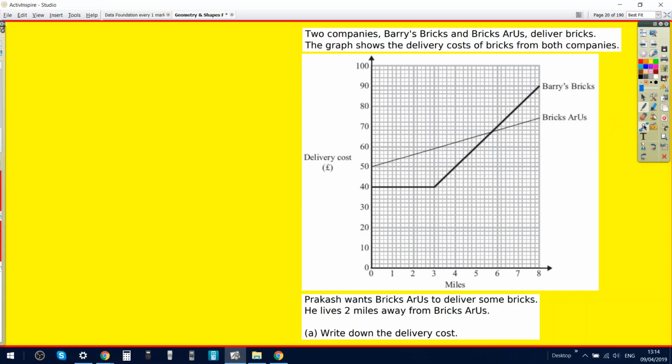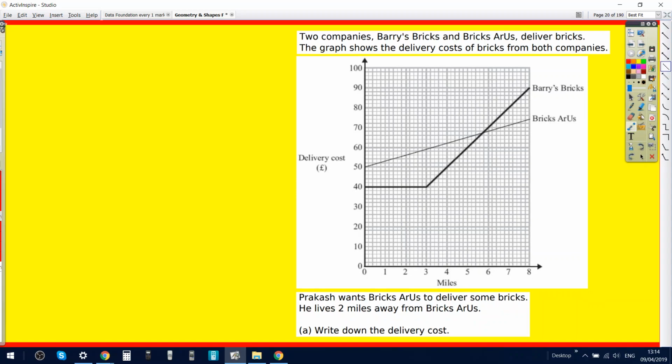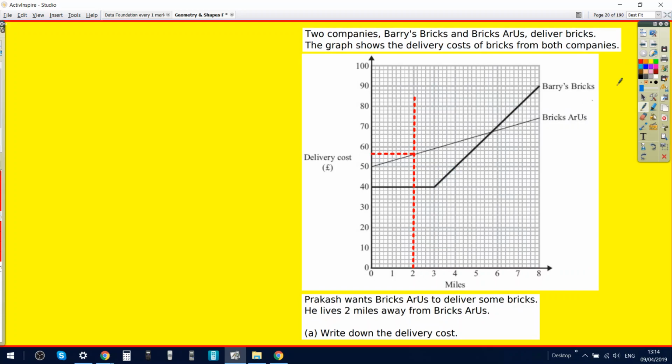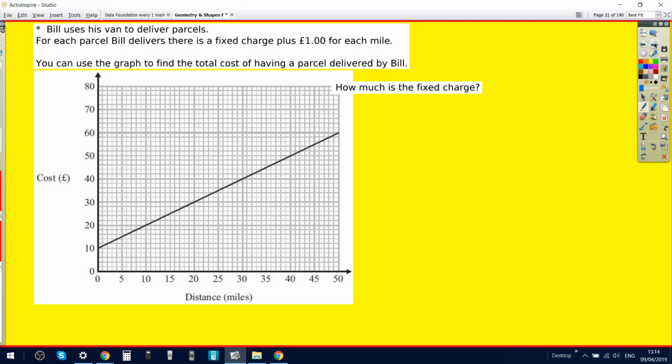That's the one that he's interested in. And it's 2 miles. So from 2, you go up till it hits the Bricks Are Us line. Then you go along, which I need to wear my glasses for. That's okay, so long as you've recognized that it was the second line and not the one at the bottom. That's the main thing there.